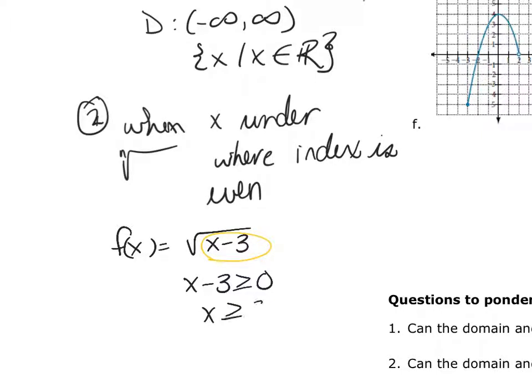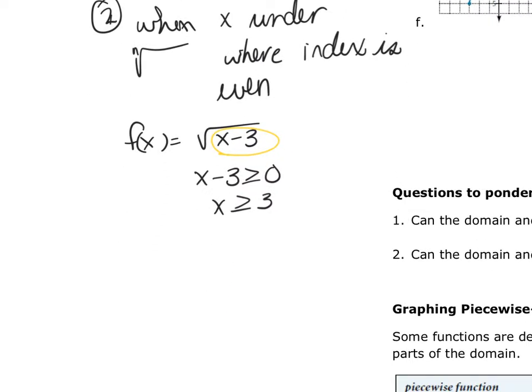So x is greater than or equal to 3. So my domain in interval notation is 3 with an inclusive square bracket to infinity. And my set builder is x such that x is greater than or equal to 3.